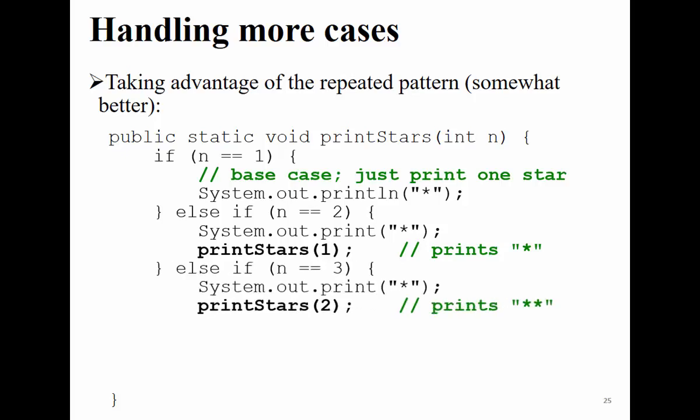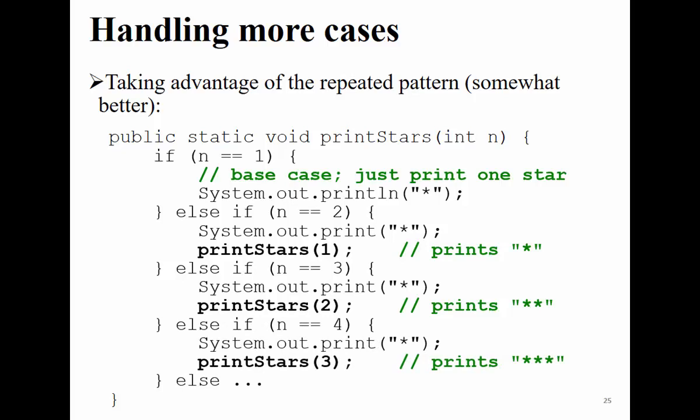Then I ask if n is equal to 3, I'm going to print a star and call the same method with n equal to 2. And if n is equal to 3, 4, I'm going to do the same thing. When am I going to stop? Yes, you have identified the base case, and you have many, many recursive calls.